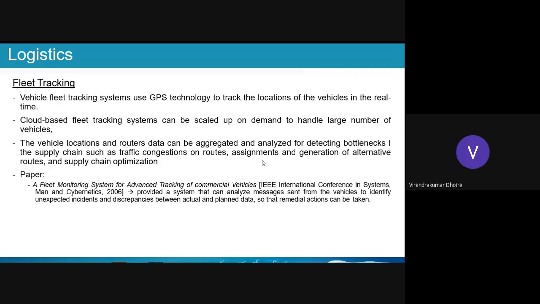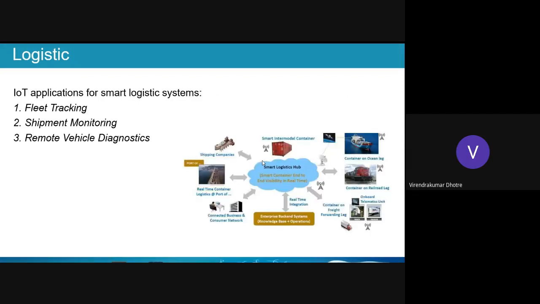A vehicle fleet tracking system uses GPS technology to identify the locations of vehicles. Similarly, all these containers will have onboard telemetry units, as shown here, and based on that we can identify the location through a GPS device.